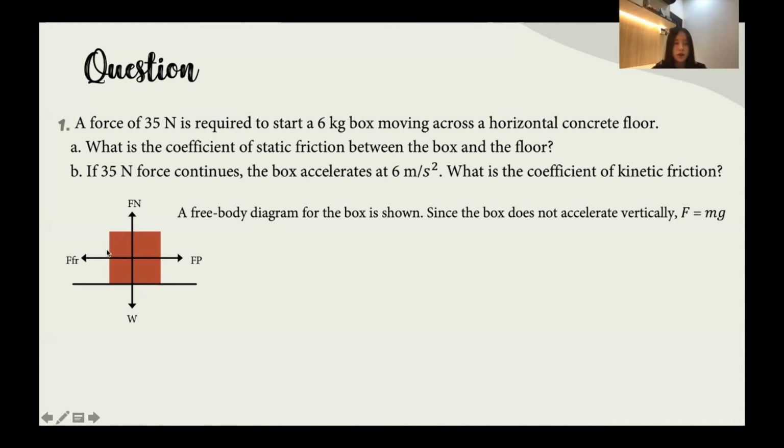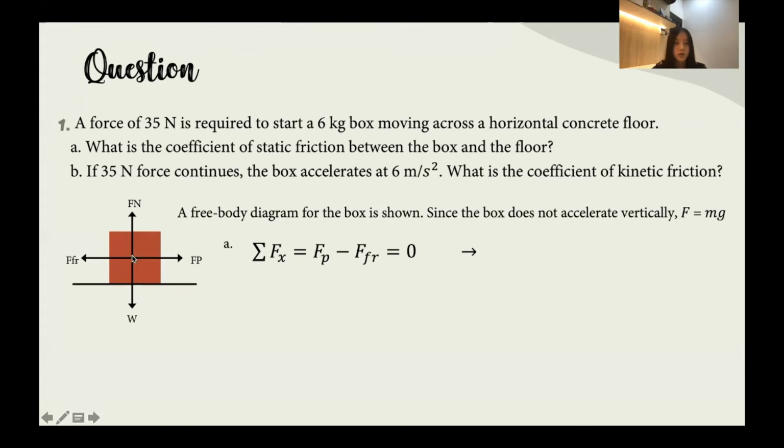As you can see in the free body diagram, the friction force and the applied force oppose each other. Thus, sigma Fx equals applied force minus friction force equals 0.